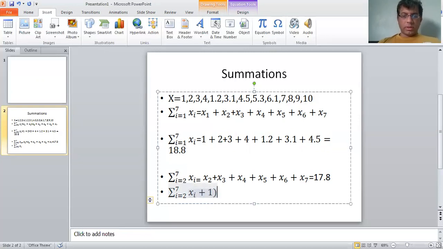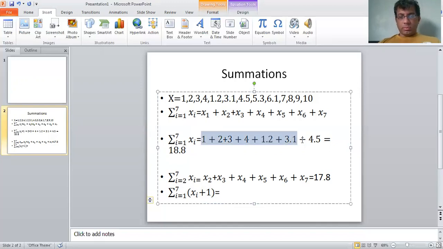So suppose it was this thing. Okay, let's bring it to 1. So what would this summation be equal to? In that case, I would be basically adding 1 to every value of x and then summing them all.